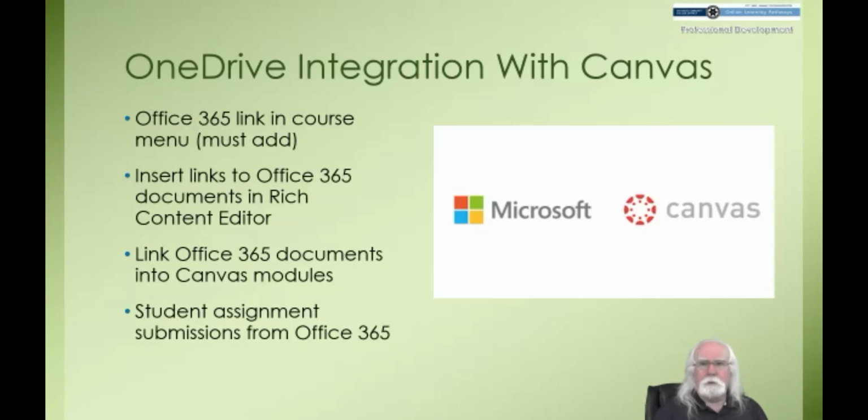And they have their own OneDrive, and they can create documents. There's no question anymore, if you're teaching a class and you want your students to submit the fulfillment of an assignment in the form of a Word document or a spreadsheet or a PowerPoint presentation to you electronically through Canvas, they have the tools to do that now.